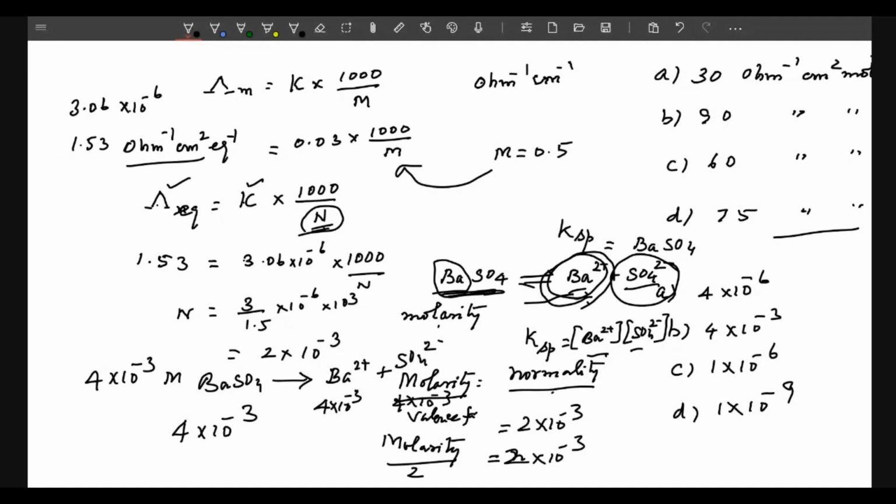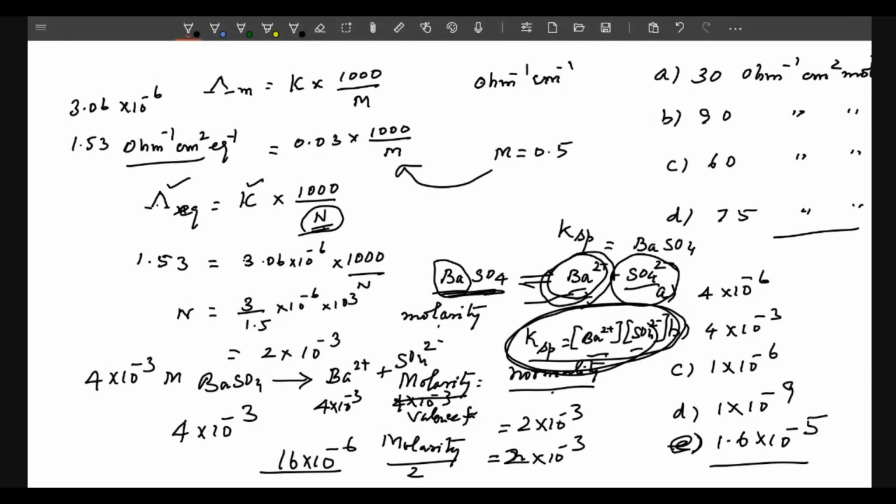Therefore, the solubility product is equal to 16 into 10 power minus 6, or 1.6 into 10 power minus 5. Simply add it as the E option, 1.6 into 10 power minus 5. This is the correct answer.